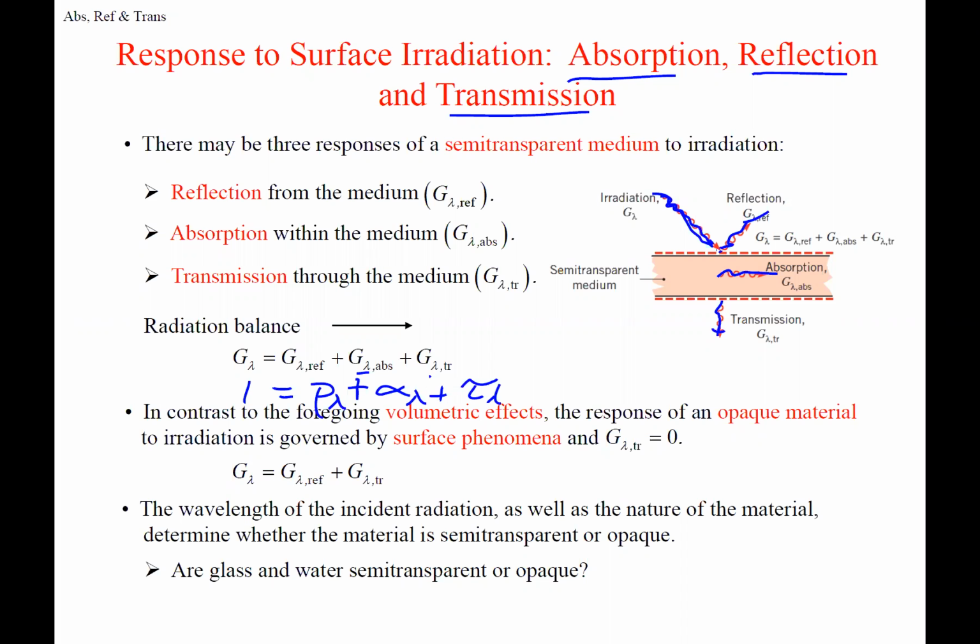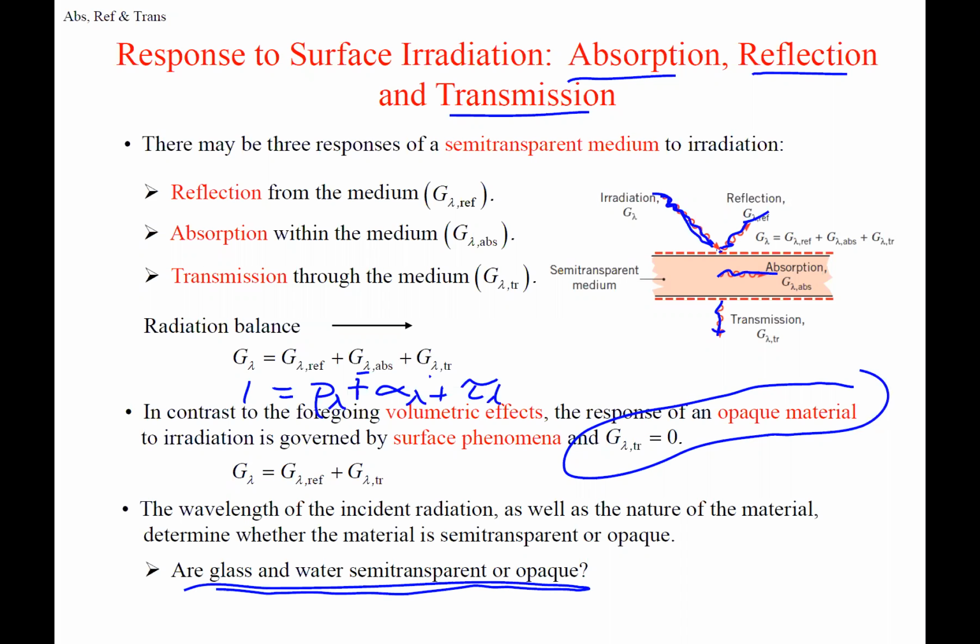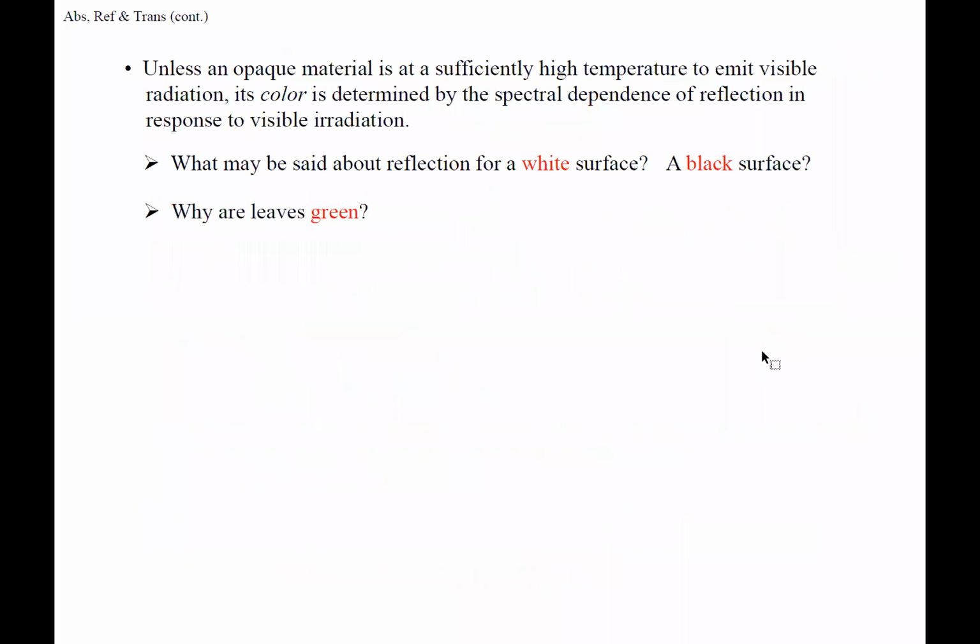And then we saw opaque material, there's nothing transmitted. It doesn't transmit through. And here's an interesting question we can ask ourselves when we see these later slides: are water and glass semi-transparent, or are they opaque? Well, we'll see what happens.